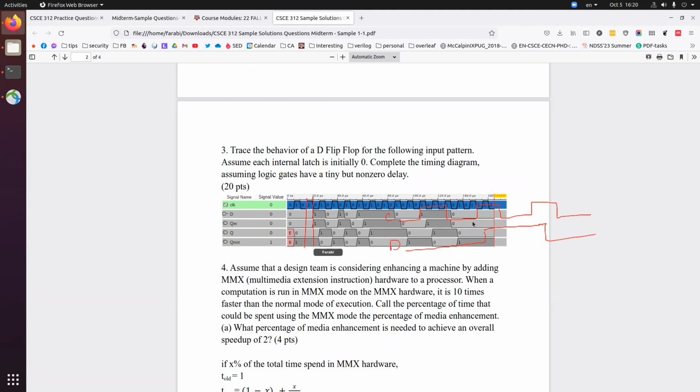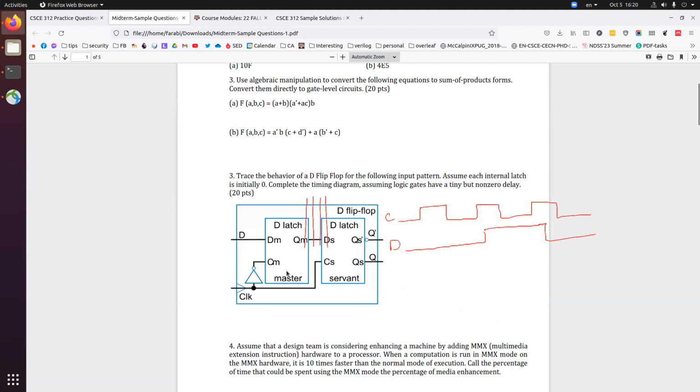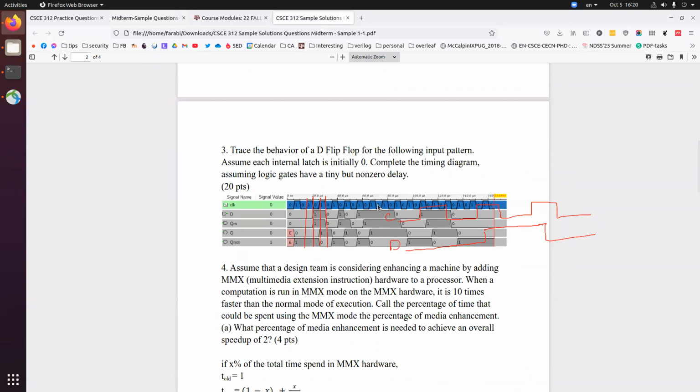Rising edge and falling edge, this should give you some idea. When we have a rising edge, if there is a change in the input, that should be reflected in the output of the latch that takes the rising edge. The follower, or the servant, latch, which is Q or Q naught, should be updated only at the rising edge. So here or here, we will see an update of Q and Q naught.